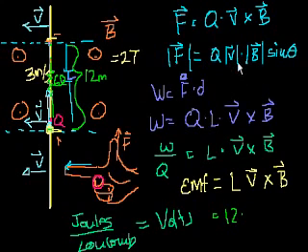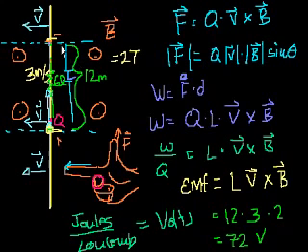So we just worry about the magnitudes. It's 12 meters times the velocity, 3 meters per second, times the magnitude of the magnetic field, 2 teslas. And so the EMF is 12 times 3 times 2, 12 times 6, which is 72 volts, or 72 joules per coulomb.